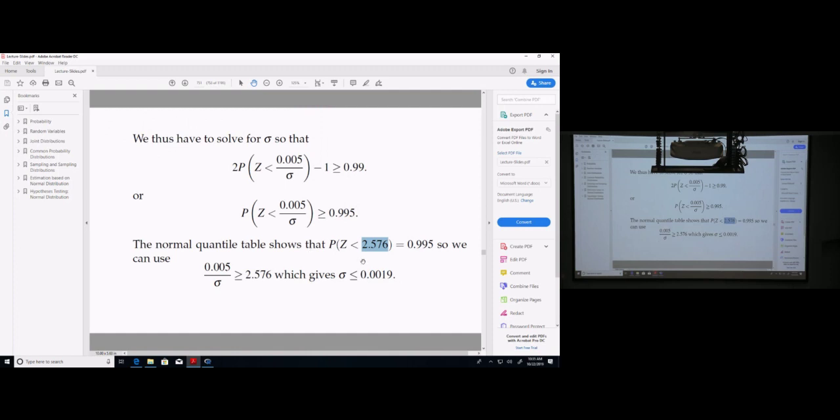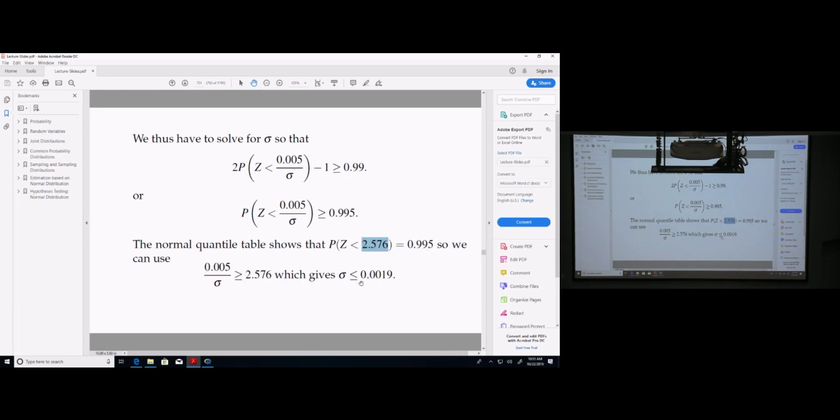But the whole point is, even for 99.5%, it is captured within 2.576 standard deviations from the mean. So you can see the big bulk of the things are actually captured within plus or minus 3 standard deviations.